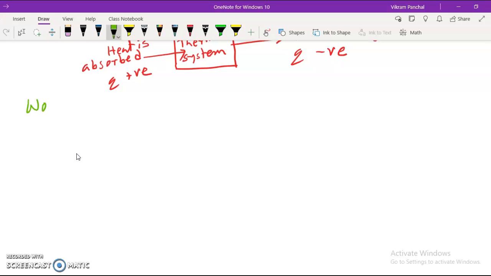Now next one is work. The simple definition of work is force into displacement. This is known as work.